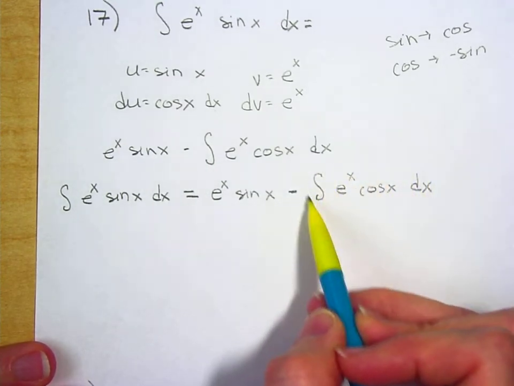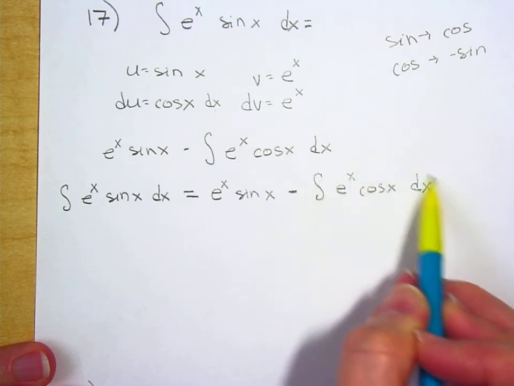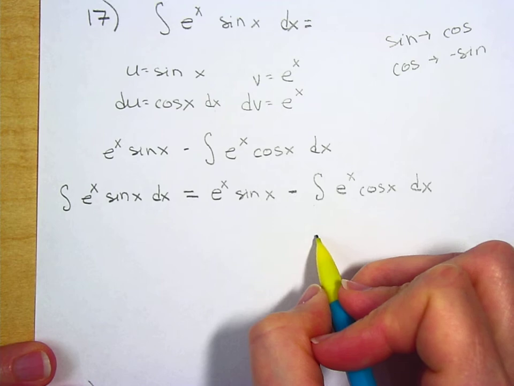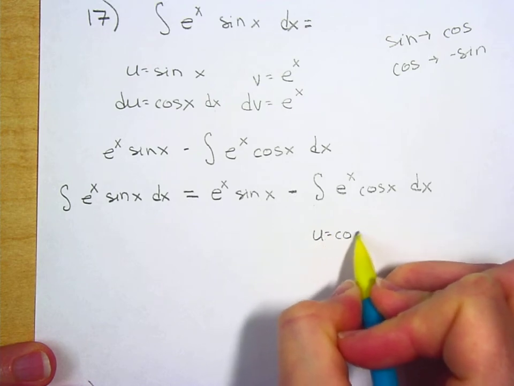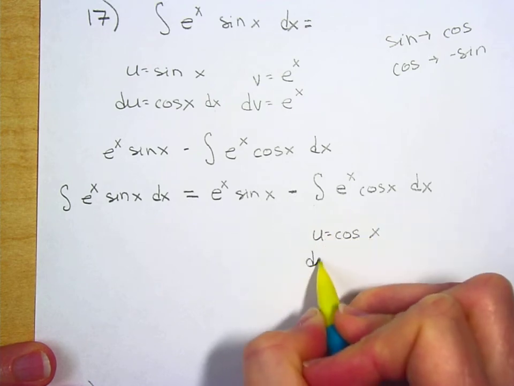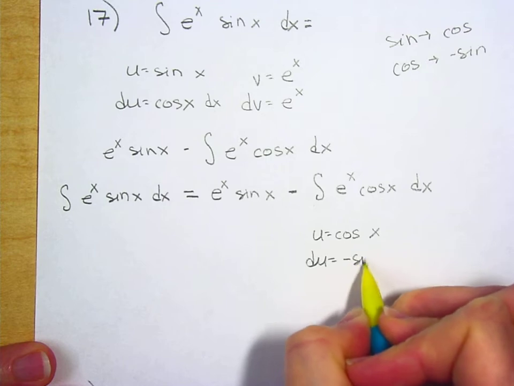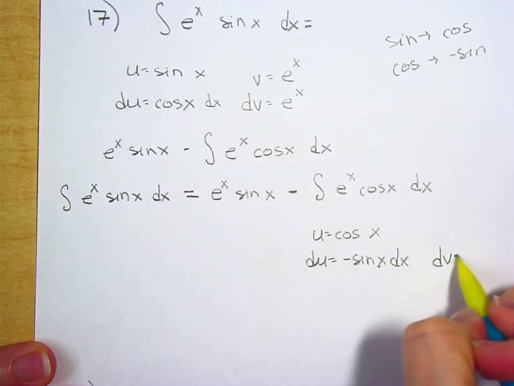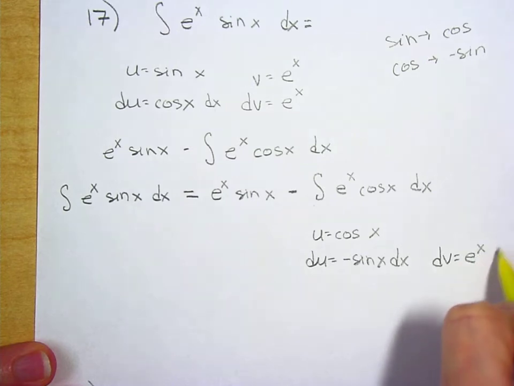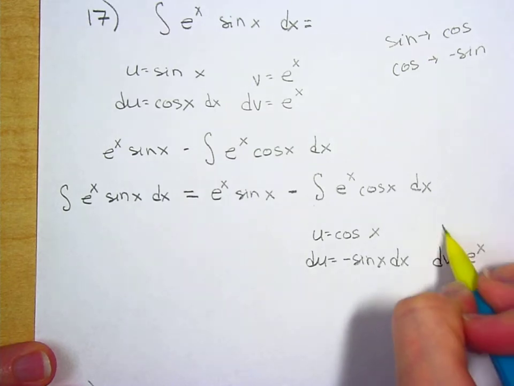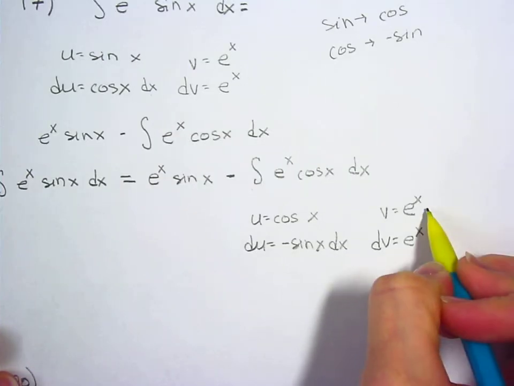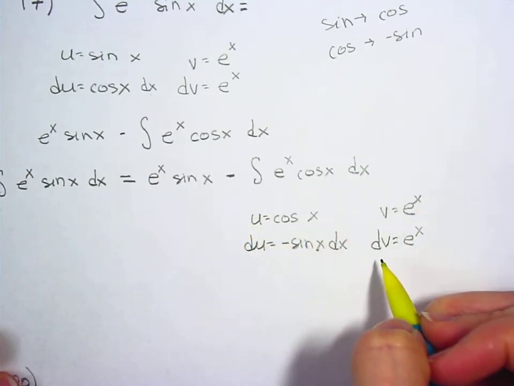I need to do this integration by parts over here. So again, I'm going to let u equal the trig function cosine of x. So du would equal negative sine of x dx. And I'm going to let dv equal e to the x. So the antiderivative of e to the x is e to the x. So remember, this is antiderivative. This is derivative.